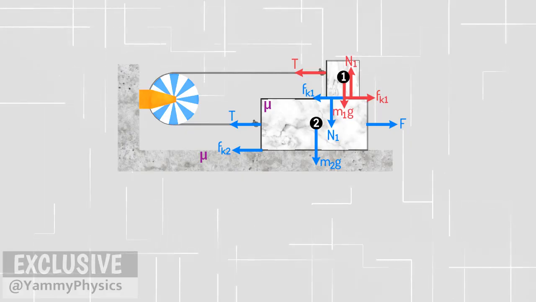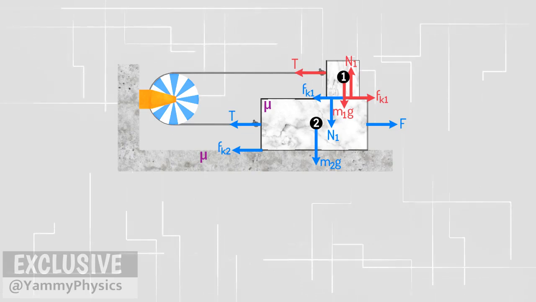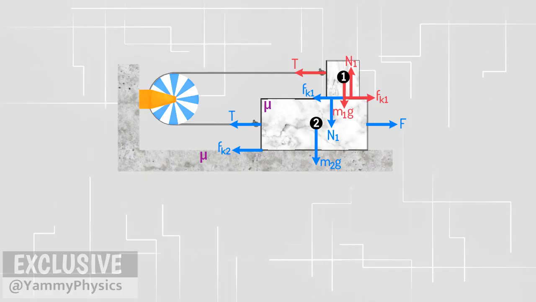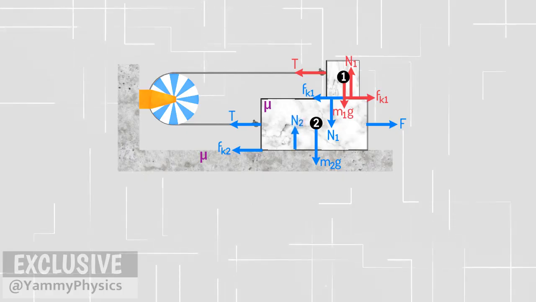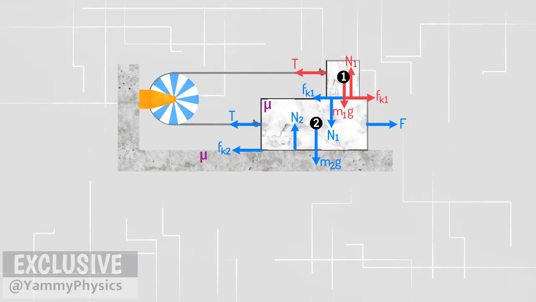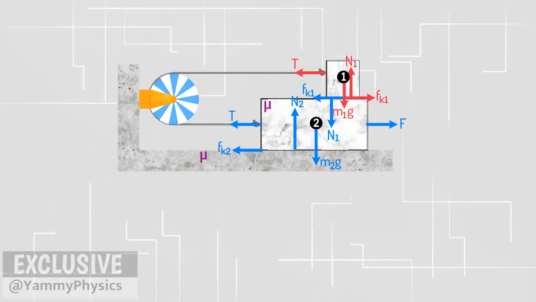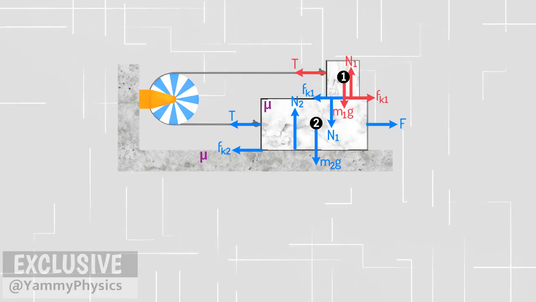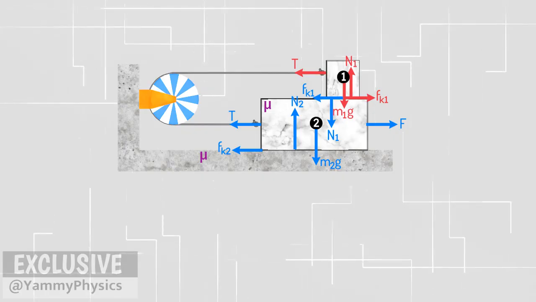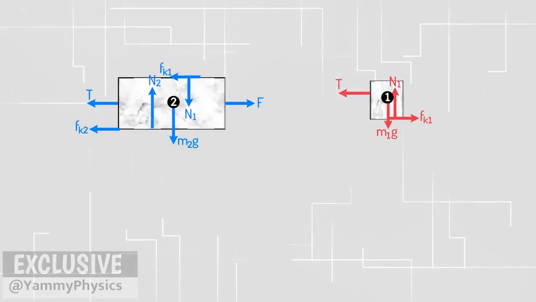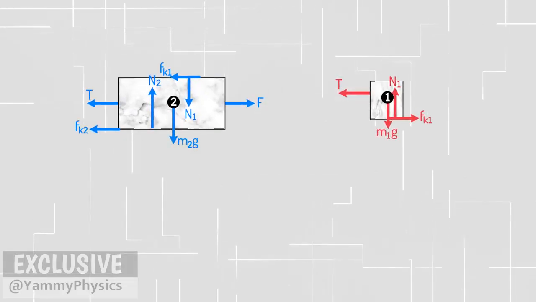One more thing, the lower block presses on the floor surface. Of course, the floor surface will provide a reaction force that is directed upwards. This force is none other than the normal force N2, which is directed upwards. So on the lower block there are two normal forces working at once. This is the force diagram in this system.